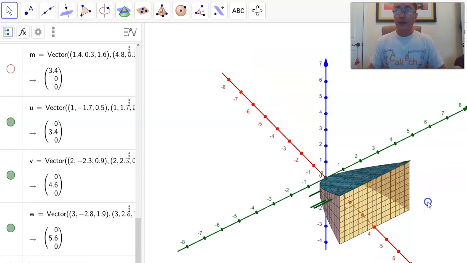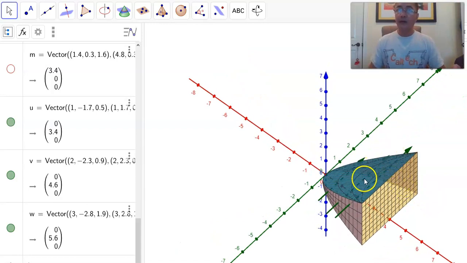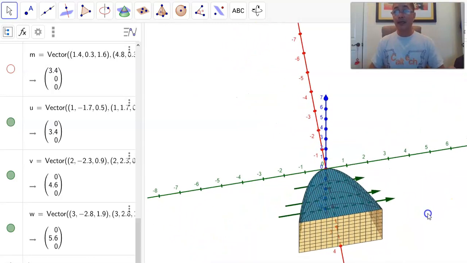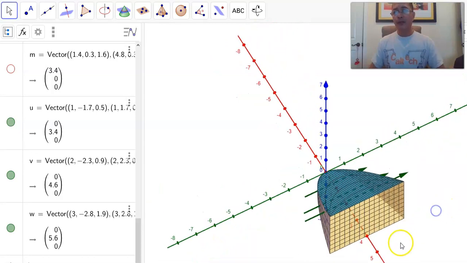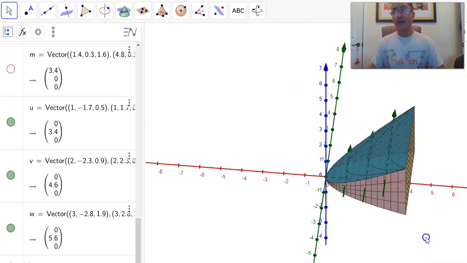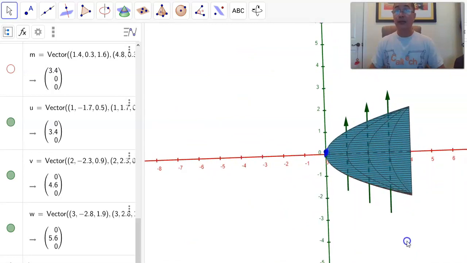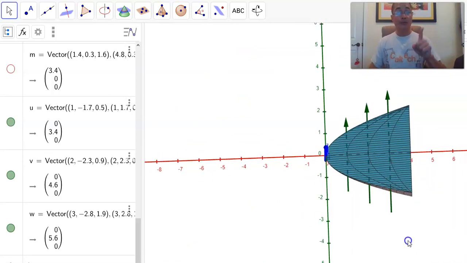Okay, so the arrows enter through the parabolic cylinder, the bottom half, and exit also through the parabolic cylinder, but this time the upper half. So yeah, in all honesty, if you go back to the top view like we had before, that should remind you of our type 1 test, right?